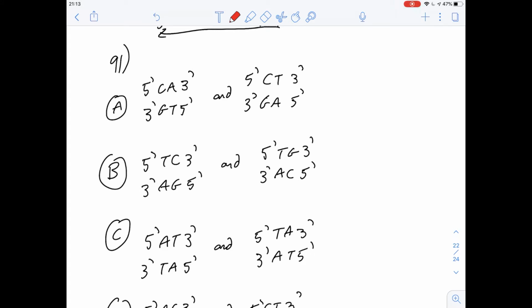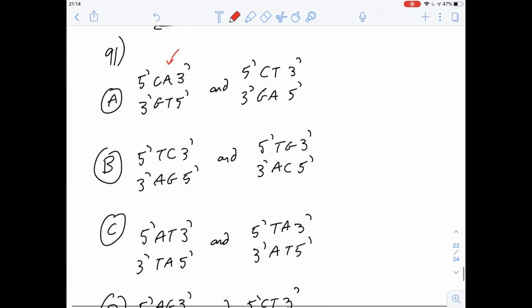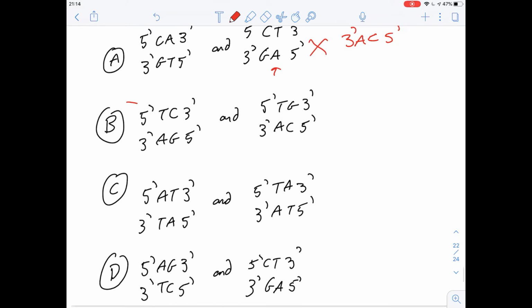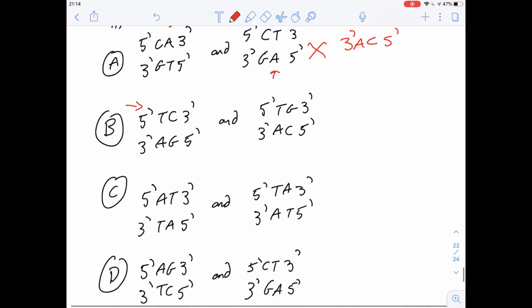We'll start off with A, and we can work out what its identical version would be. Let's start with this top sequence. If we write this backwards, that's its identical form: 3', A, C, 5'. That's not present on this side, so we can rule A out.